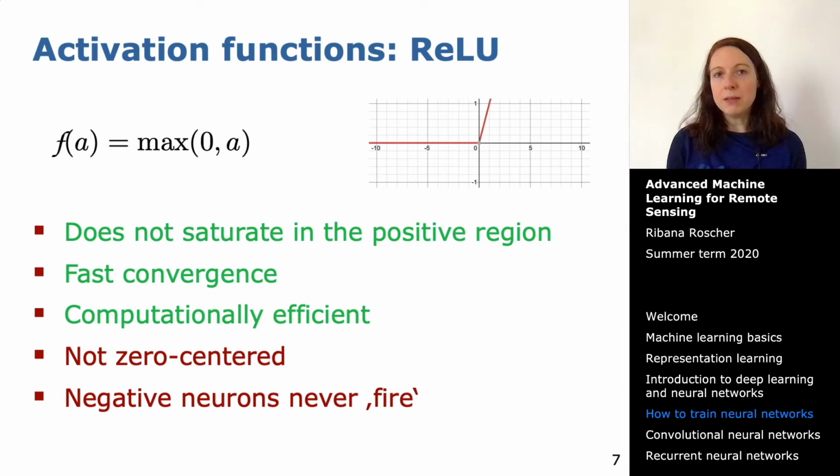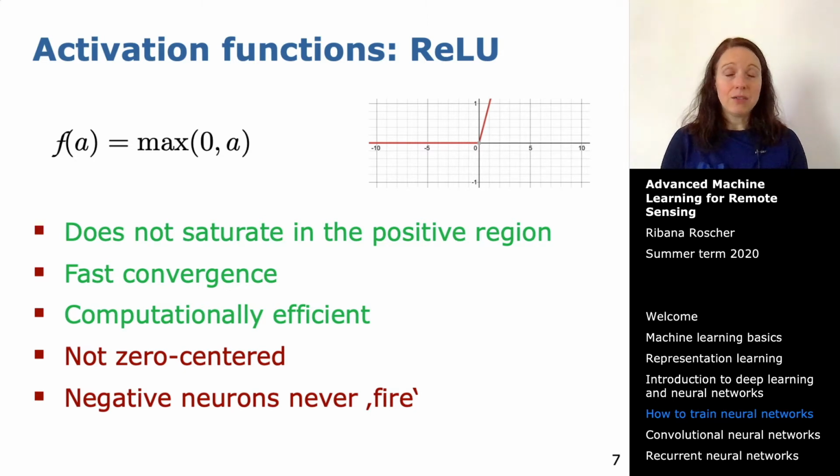It normally converges faster than sigmoid or tanh, and it's because there's no exponent in it, it's computationally efficient. So it's on the one side efficient, on the other side faster. So this is good, because when you train a network, you want to have a very fast and efficient solution.